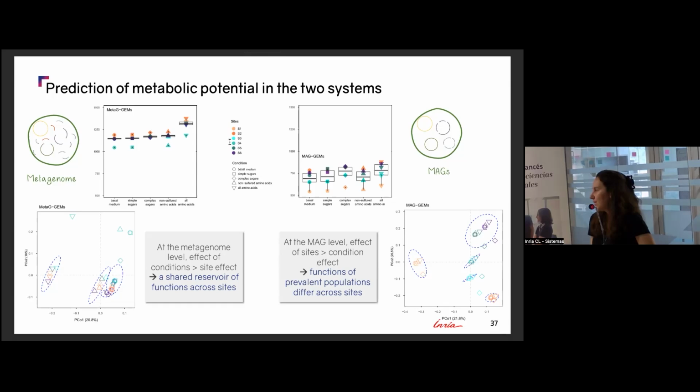So they would cluster by site, meaning that the most prevalent populations retrieved in each site actually have different functions. Their functions differ across sites. So that is interesting because if the reservoir is very similar, actually, because the environmental conditions vary a lot across the transects, what we observe is that the most prevalent functions are actually very different across sites.